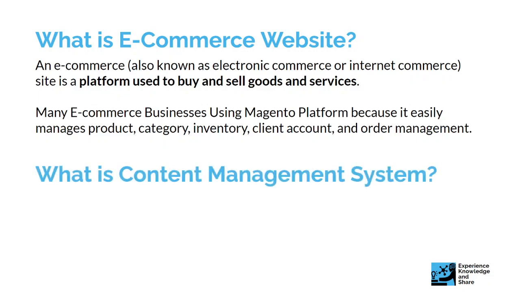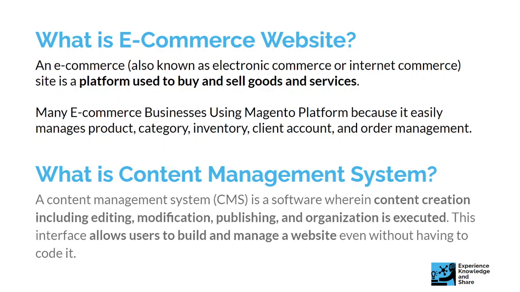Yeah. And what is a content management system actually? A content management system is a kind of software within which we can do content creation by editing or modifying, and after being satisfied we can publish, and based on the organization we can execute many things.